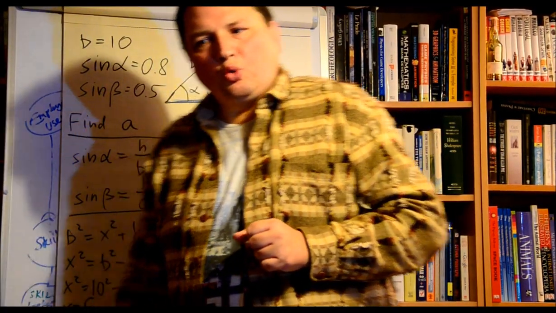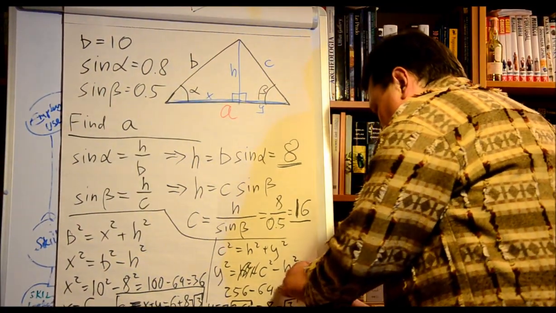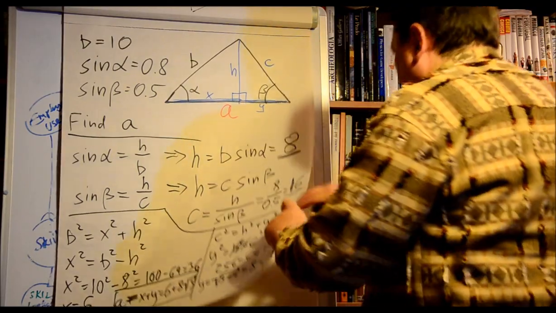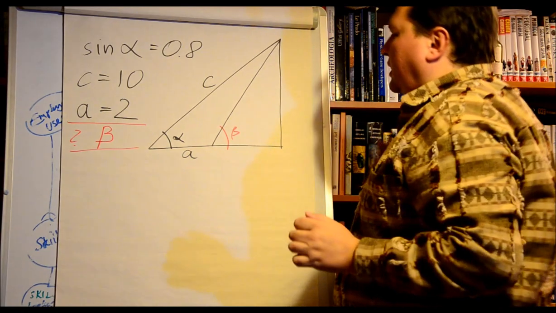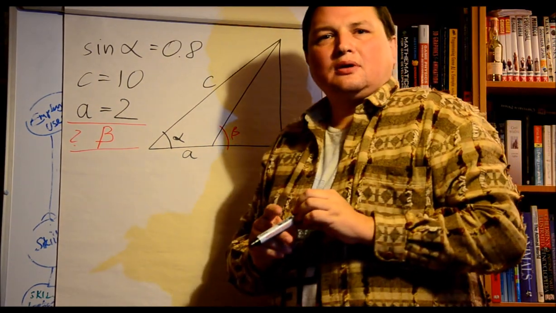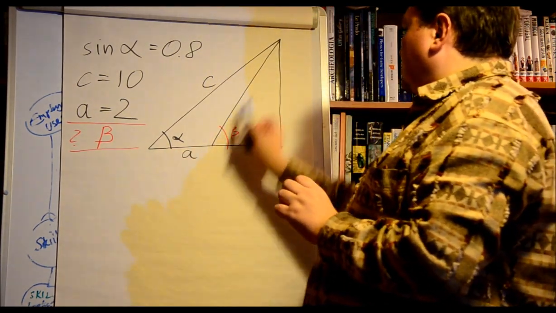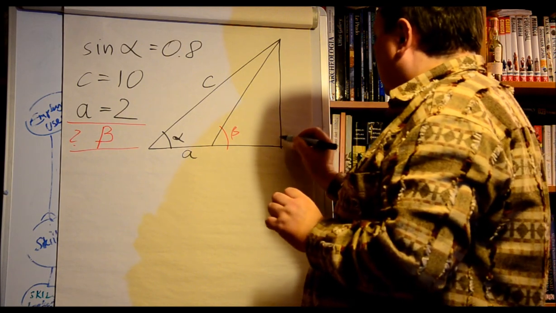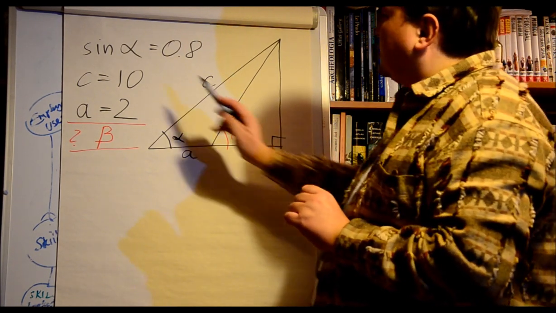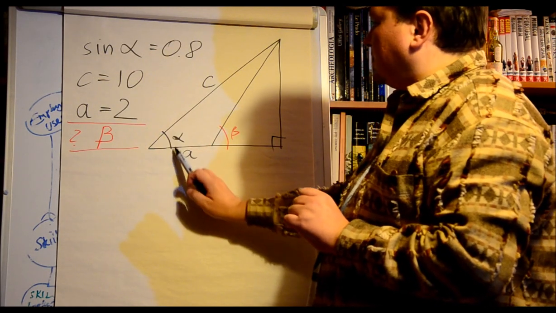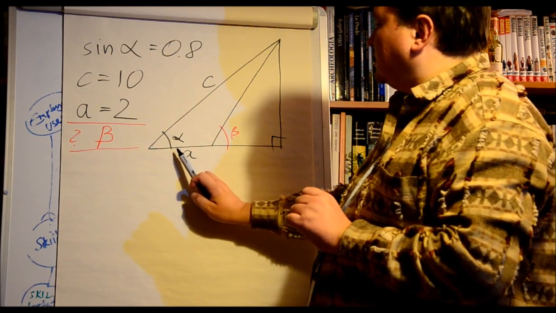I have for you one more final example. Right here we have two triangles with a right angle here. We know sine alpha, sine of this angle here.